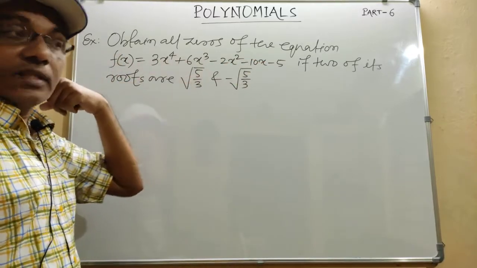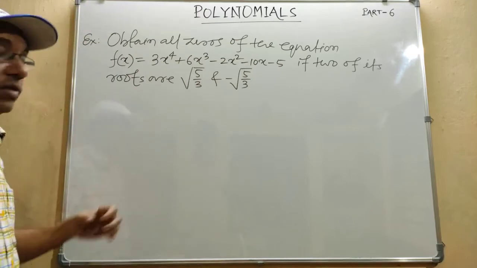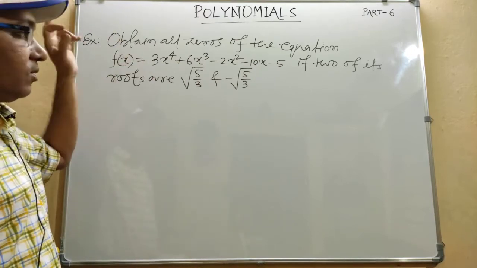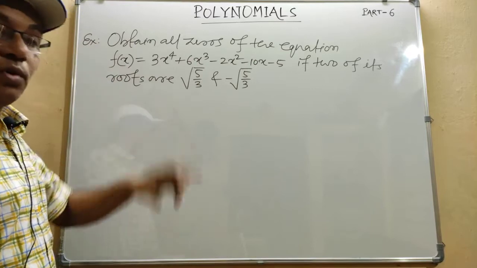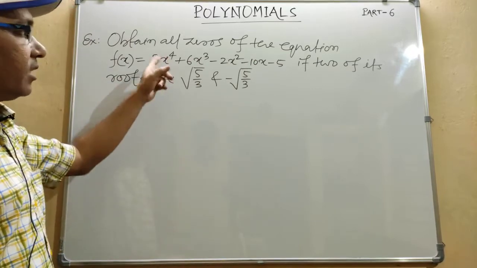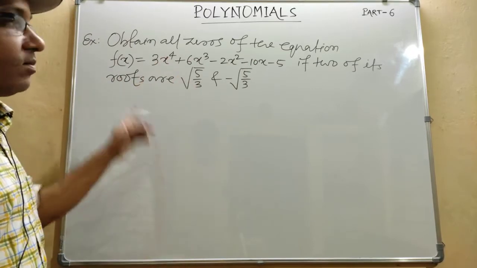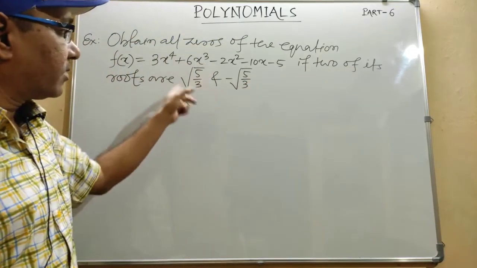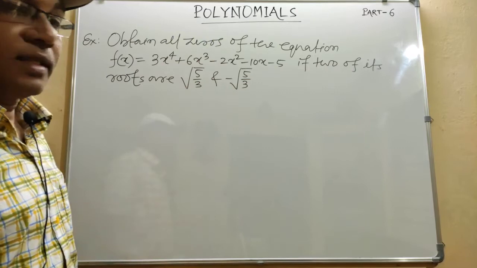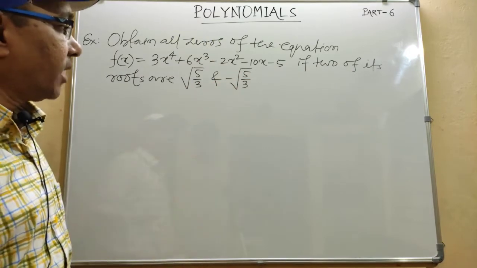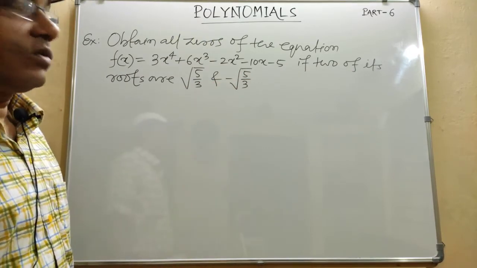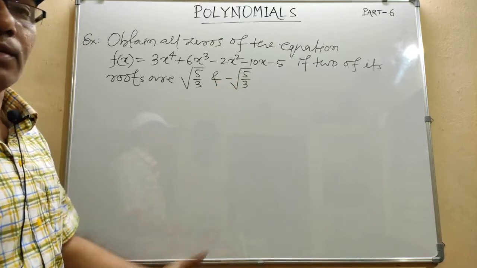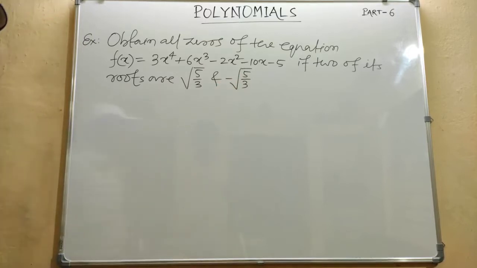The highest power of the variable x is 4, so its degree is 4. So this equation will have 4 roots, but out of 4, 2 are given: one root is √(5/3), another is −√(5/3). The remaining 2 you have to calculate.